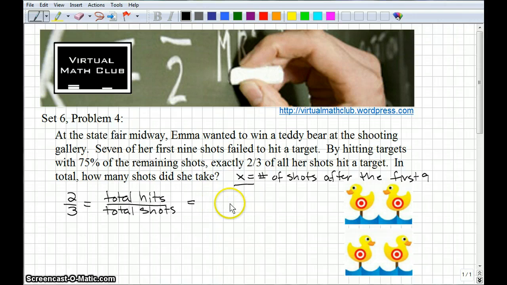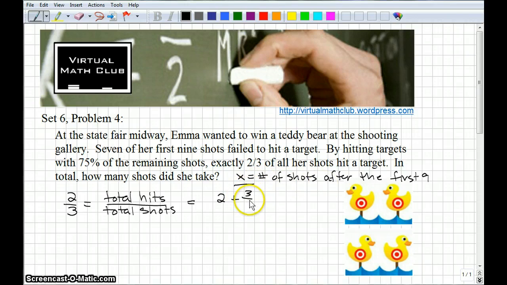So here is the solution. We want the total number of hits in the numerator. So we know she made 2 in the first 9. Okay. And then she made 3/4, or 75%, which is the same as 3/4, of the rest of the shots. Okay, and the rest of the shots I said was x, so after the first 9.